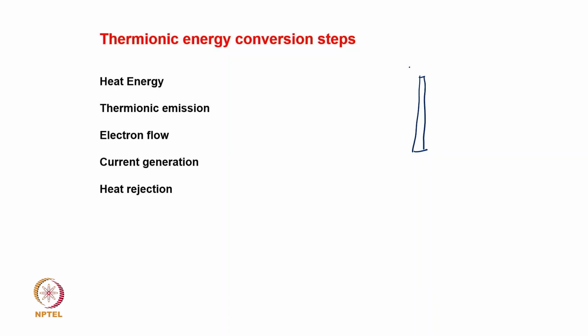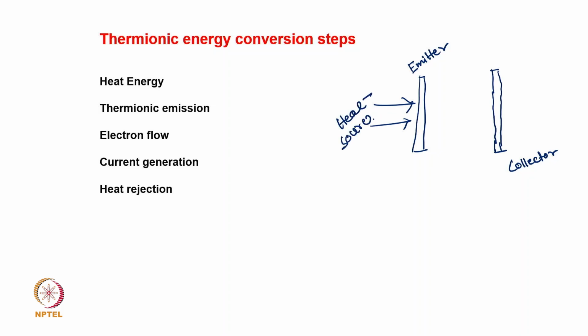As I told you, we have an emitter, we have a collector, and the emitter is connected with the heat source, and the collector is cold, or a heat sink.